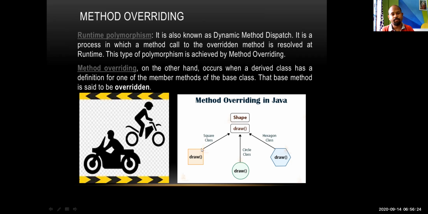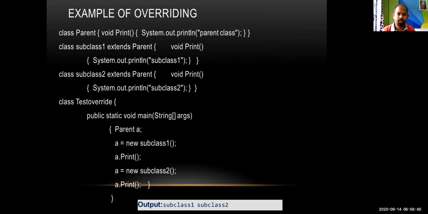Like when the user is calling draw, the method within the derived class will respond first, instead of the method of the base class. Here you can see the example.